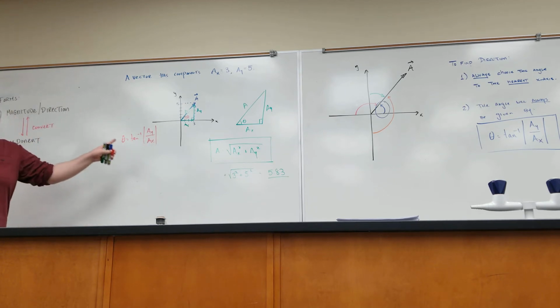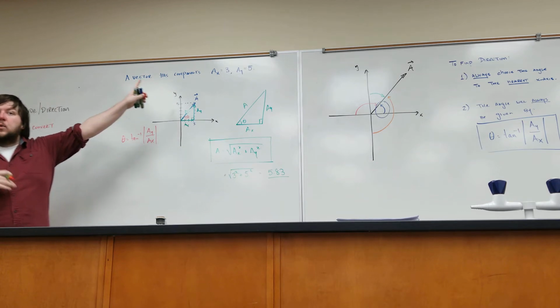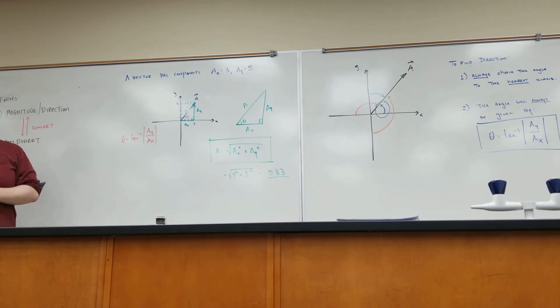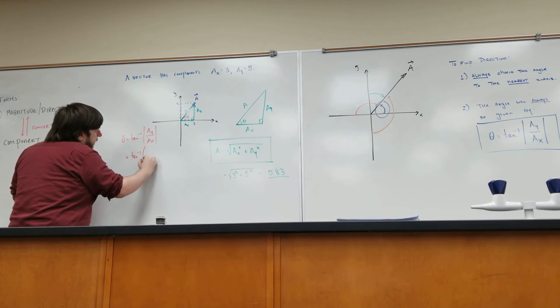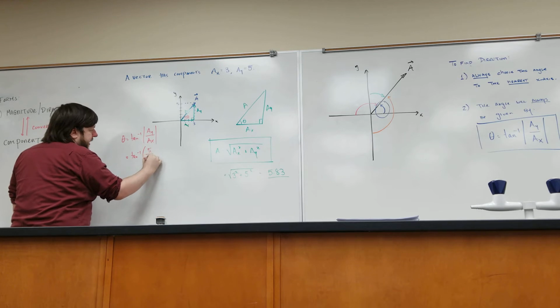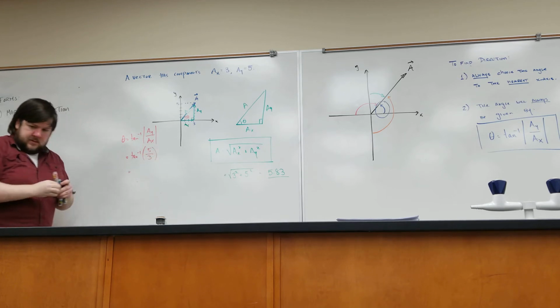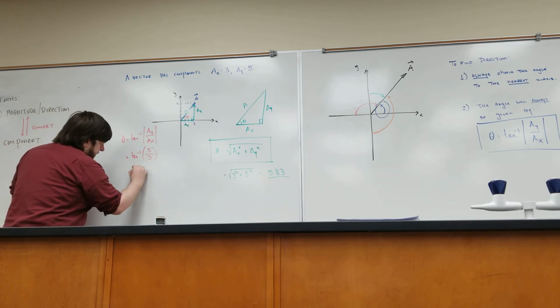The absolute value is not relevant in this problem because both are positive, but it will be relevant in some problems. I'll show you an example in a second. So it's tangent inverse. The y is 5. The x is 3. Which is 59 degrees.